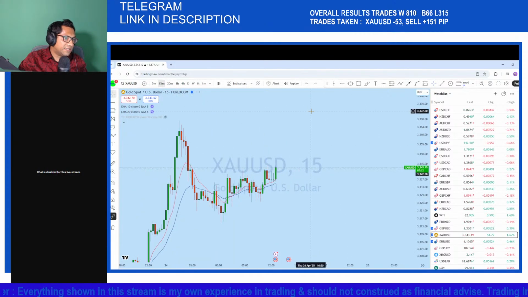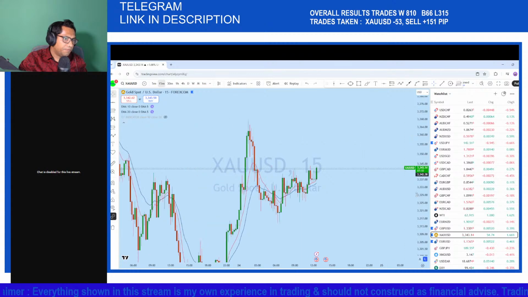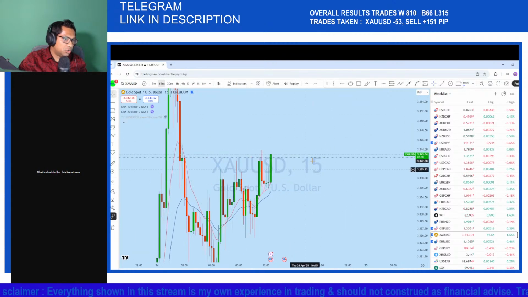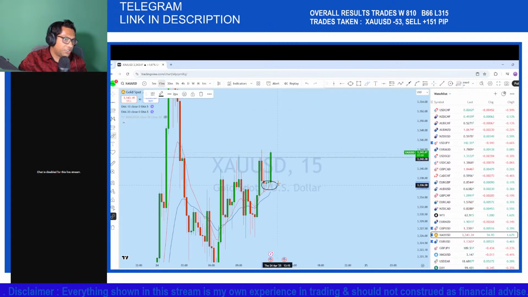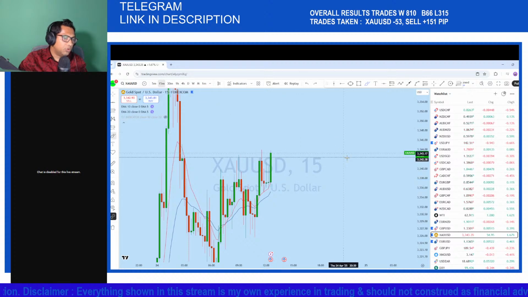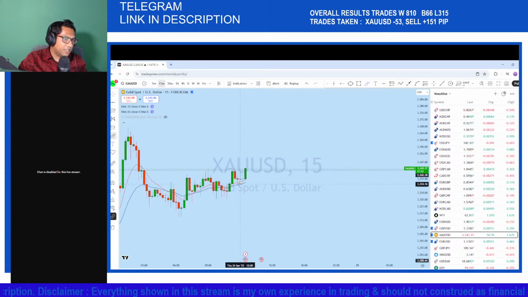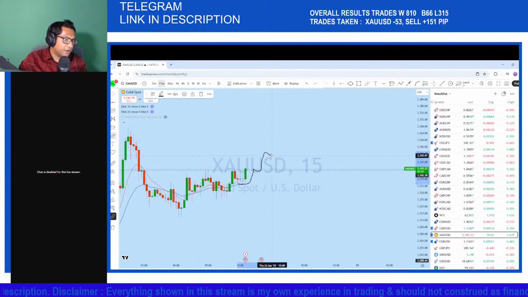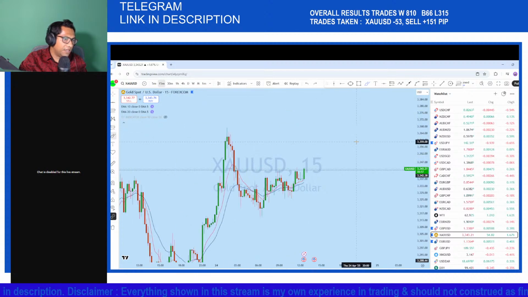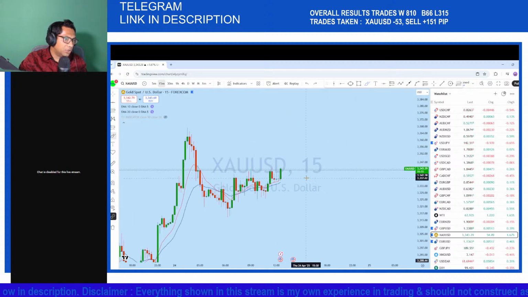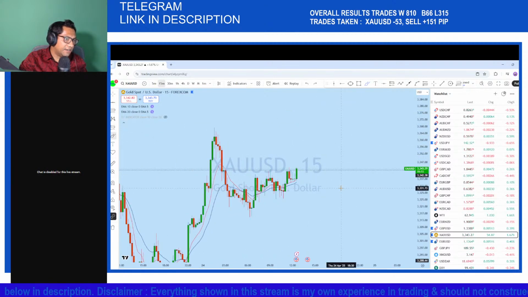And with that being said, let's look at this zone here. You see quite a few doji formations here, and with the doji formation, the market is in fact moving with the pattern that it has created here.